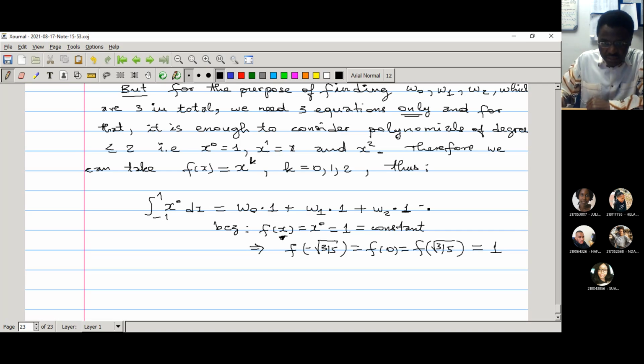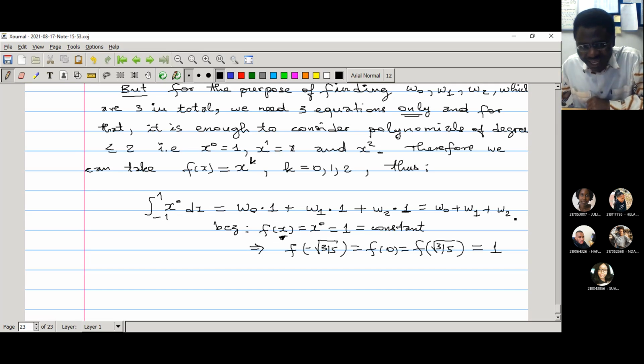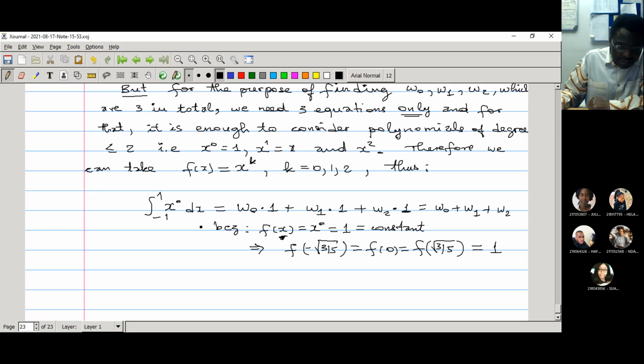So this is W0 plus W1 plus W2, the right-hand side. But what about the left-hand side?